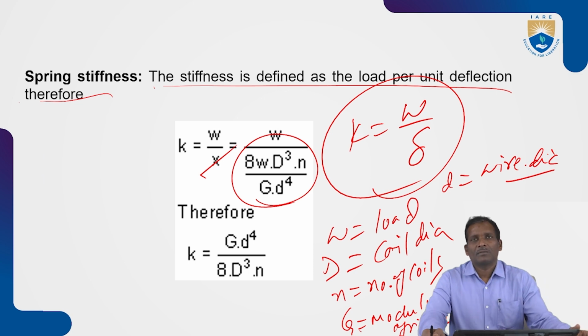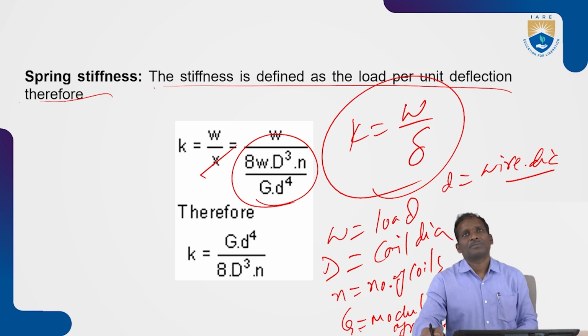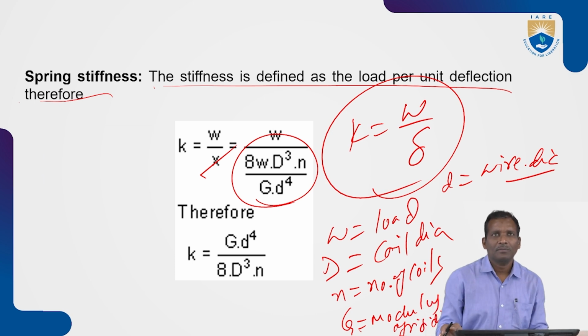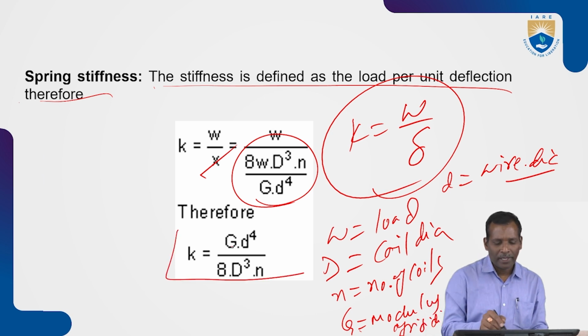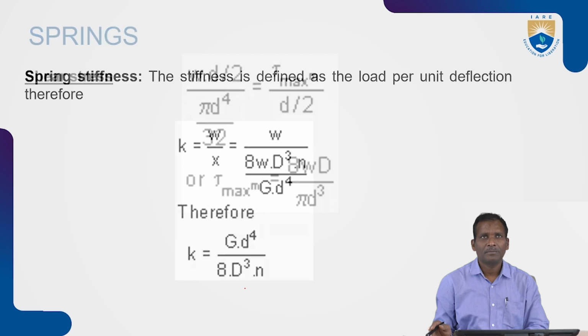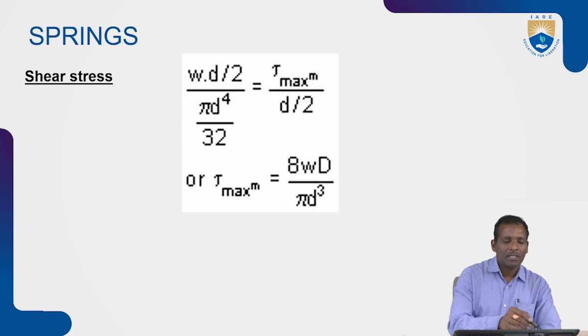So these are the abbreviations in this deflection formula. Therefore, you can calculate the stiffness, that is K, equals G d to the power of 4 by 8 D cube into N.